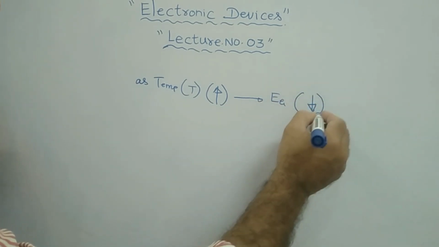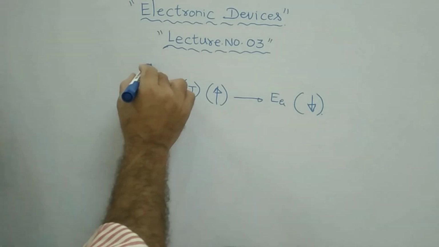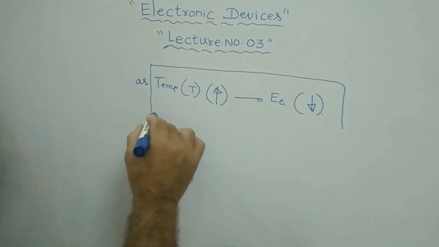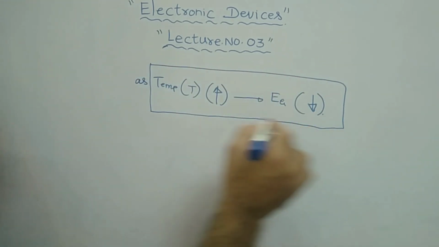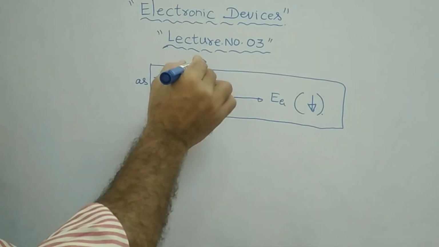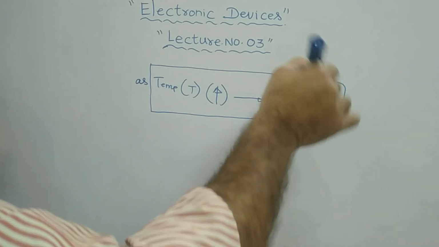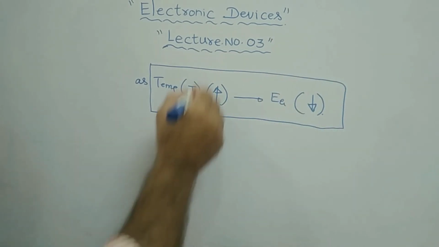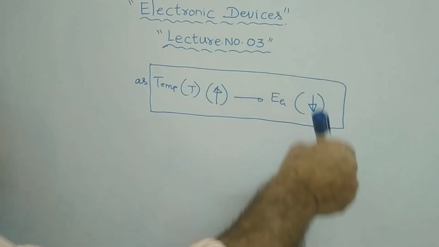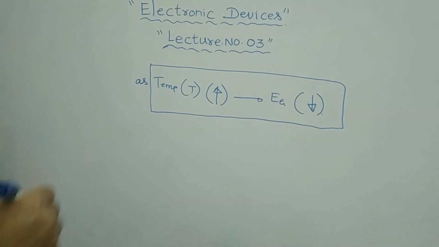It decreases. Show the down arrow mark. This is one important relation actually. If you show the arrow mark in the upward direction, that indicates an increasing value, whereas if you show the down arrow mark, it shows the decreasing value. So as your temperature goes on increasing, your energy gap will decrease. This is one important relation, okay?